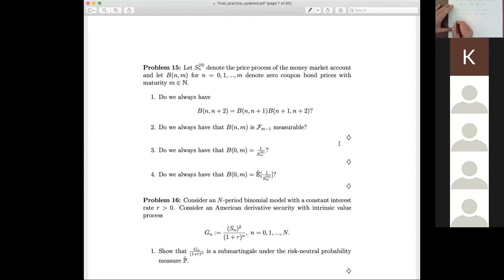Do we have that the zero coupon bond that expires at time n plus 2 can be written as the zero coupon bond that takes you from time n to time n plus 1, and then from time n plus 1 to time n plus 2? What do you guys say?